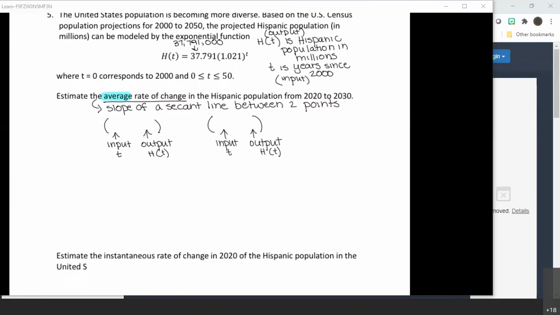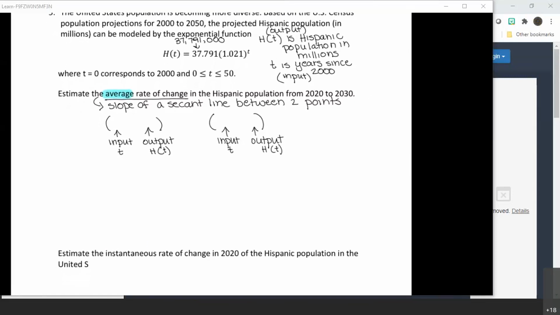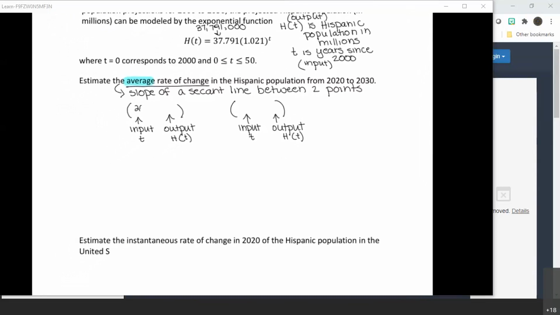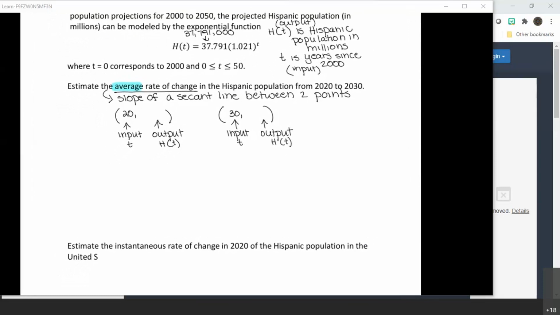So you're right in that 20 and 30 are part of this. 20 years after 2000 is the year 2020. And 30 years after 2000 is 2030. And as you can see in the chat, we need the H of T values that go with them.